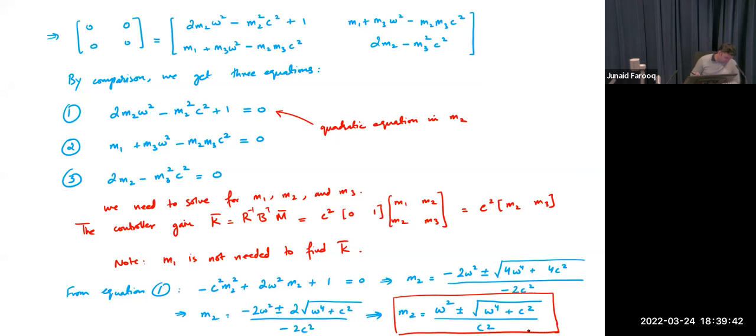Okay, so here is the solution for M2, but we only have to pick one of them. So we pick the positive one because M2 is positive, right? Or any M2 that makes the M bar positive semi-definite. So in here we will pick positive M2 or positive solution, because M2 is positive.